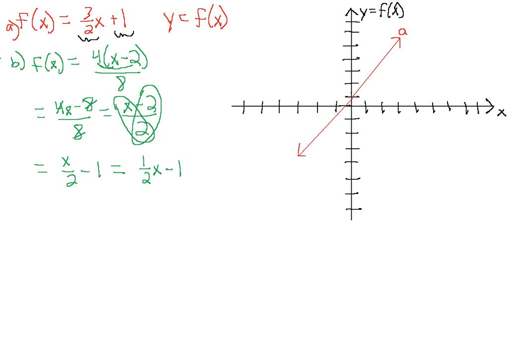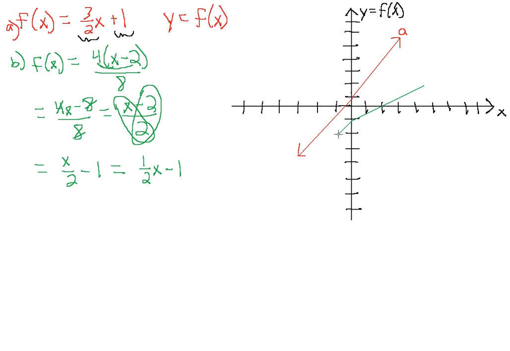From here, we know that our function has a slope of 1 over 2, and will cross the y-axis, or the f of x axis, at 0, minus 1, so right here. So we're going to rise 1, and we're going to go over 2. So it's going to go through this point right here. Now in the negative direction, we're going to start at the same point.